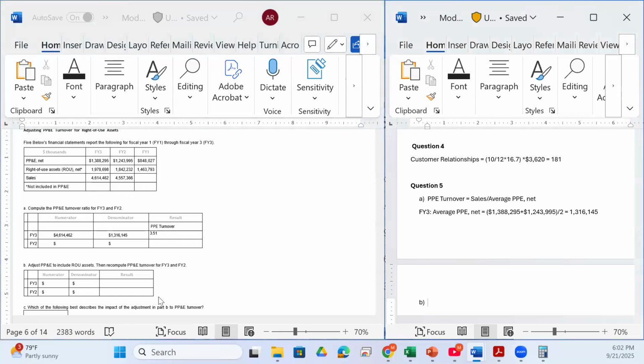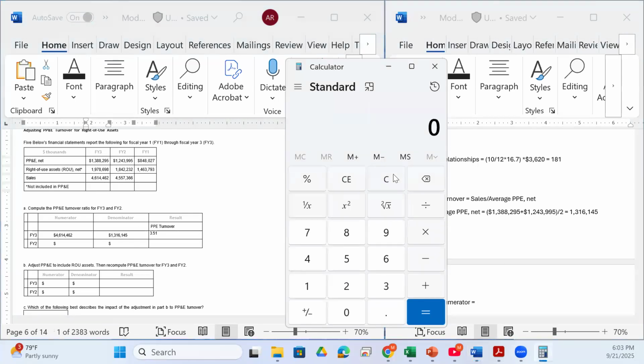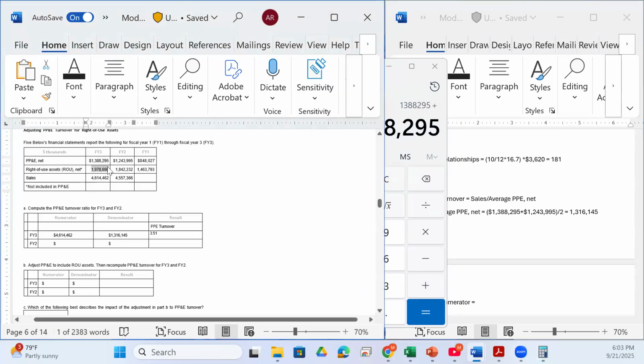Our numerator will be, for fiscal year 3, first this amount, add right of use assets.